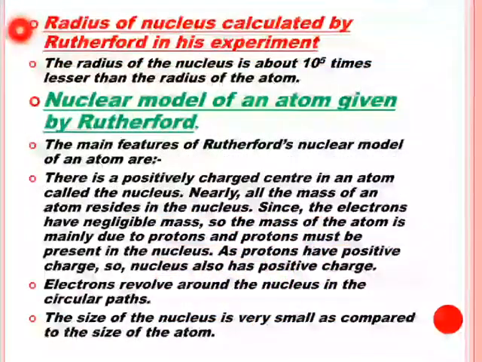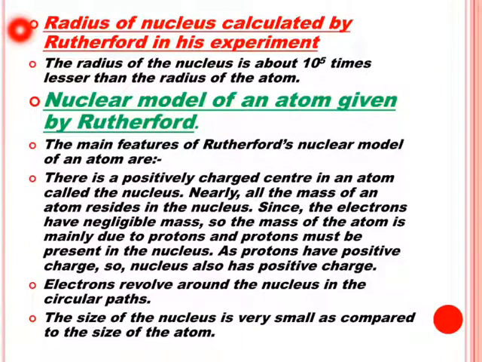So Rutherford calculated the radius of the nucleus, which is about 10 raised to power 5 times lesser than the radius of the atom. On the basis of his experiment, Rutherford put forward the nuclear model of an atom.